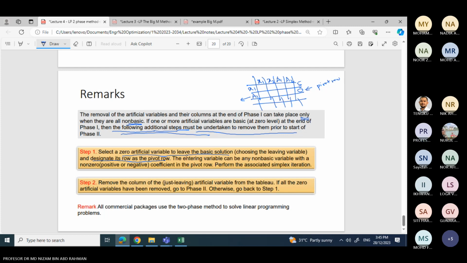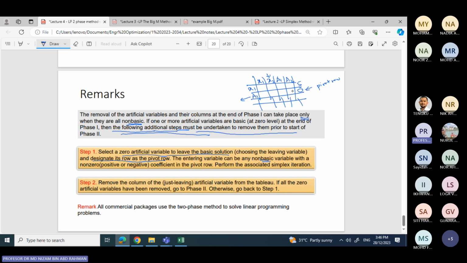The entering variable can be any non-basic variable. So in this particular case, x1 is here. The only non-basic variable in here is x2. And this non-basic variable has a non-zero coefficient, doesn't matter positive or negative, in the pivot row.